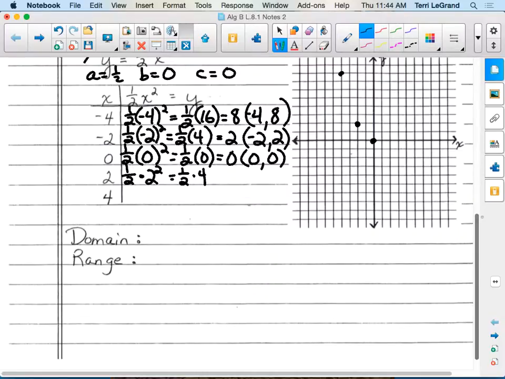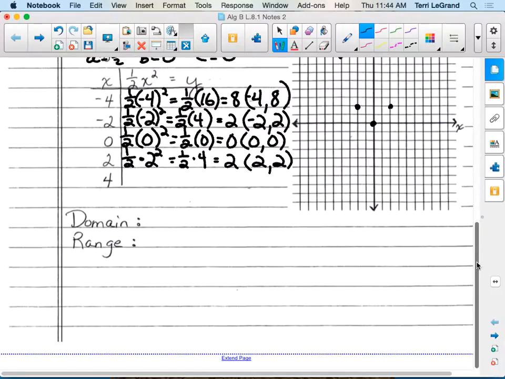Half of 4 is 2. Ordered pair what? 2, 2. Yeah. Ordered pair 2, 2. Oh, I'm starting to see what we call the symmetric behavior going on here. Okay, you do the last one. Get the ordered pair that has an x value of 4.